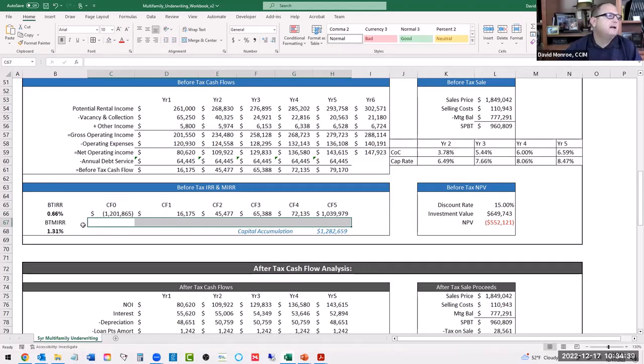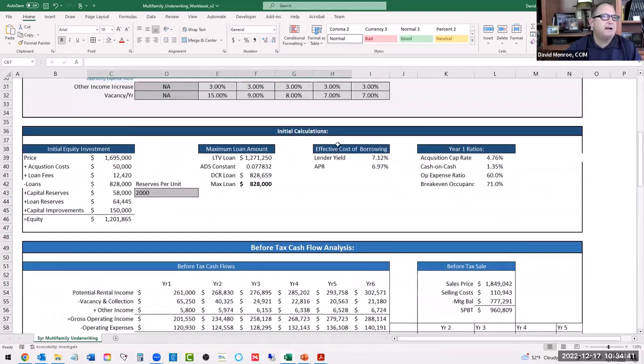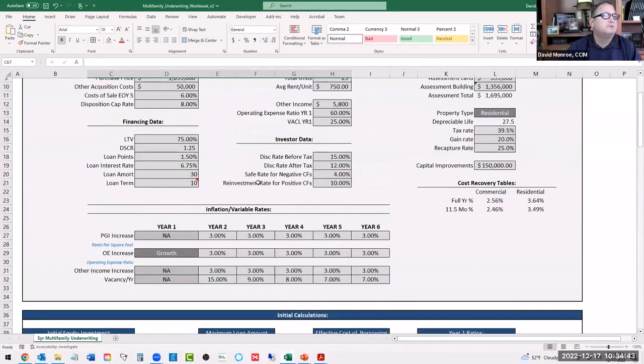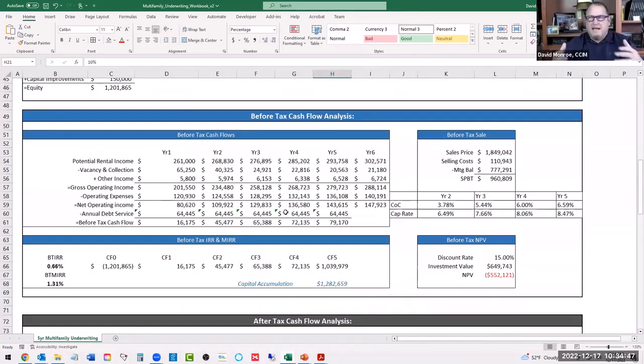And you can see the reinvestment rate up here. So if we have this reinvestment rate of 10%, so if I take my cash flows and I reinvest those cash flows into another multifamily deal that's going to get me 10%, because nothing else is probably going to get you 10%, or maybe a self-storage deal or a triple net deal, depending on what it is you're doing.